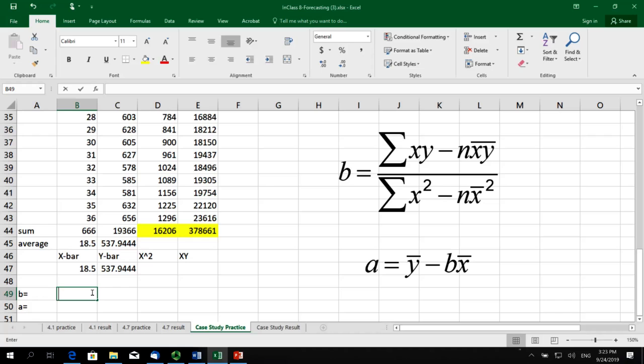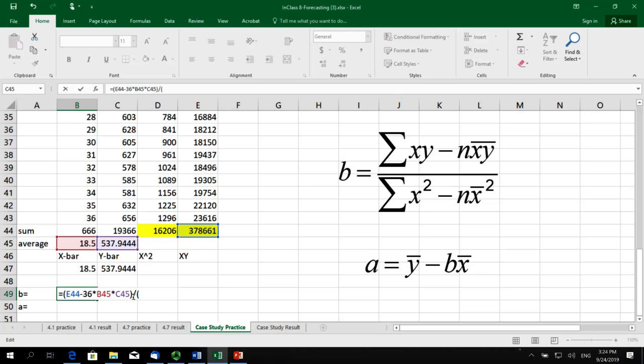For the B calculation, we need to apply the formula. So sigma xy, that's this one, subtract n equals 36 times x bar and y bar. So this is the numerator, divided by the denominator.